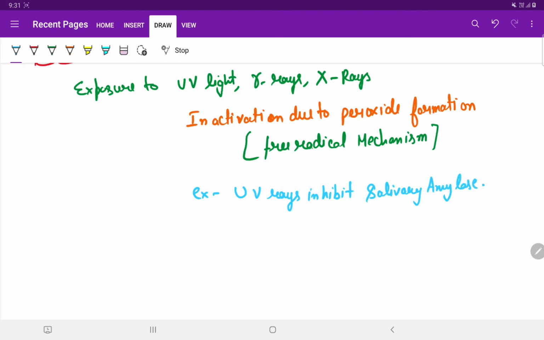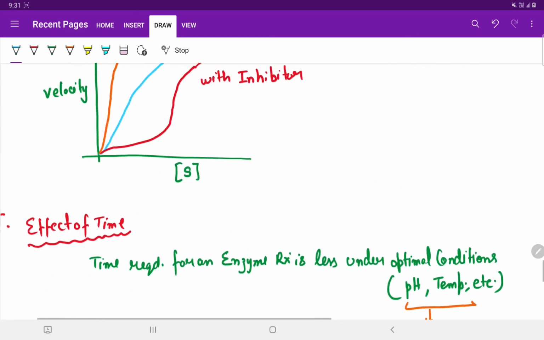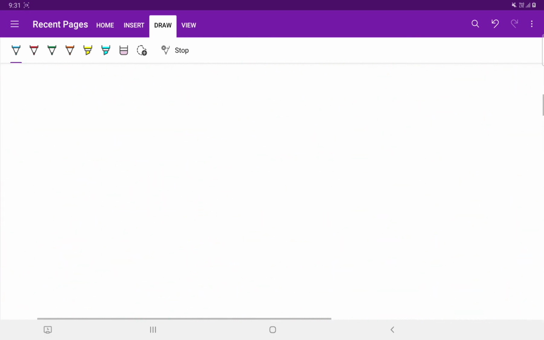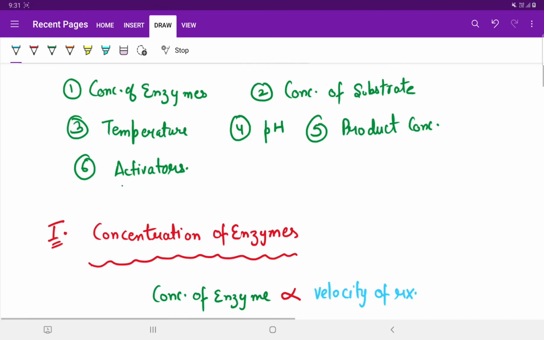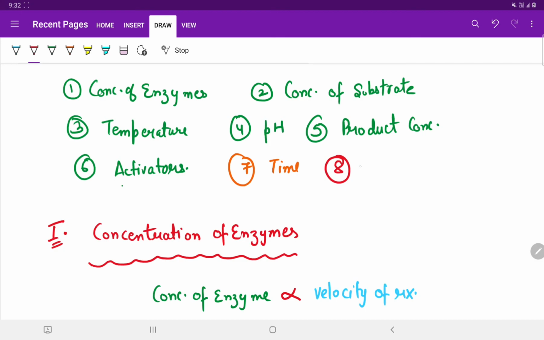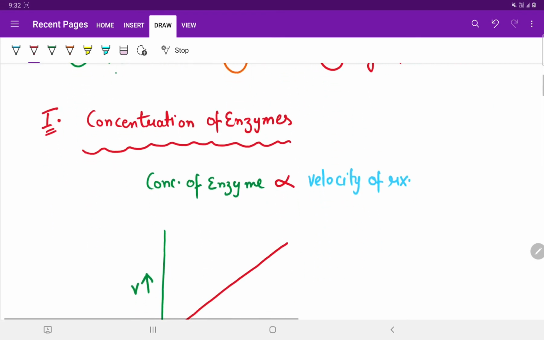So, students, this was regarding the effect of various conditions on enzyme activity. Let us revise it once again. Here we have the effect of concentration, and we may add two more, the effect of time and the effect of light and radiations. The first one is the concentration of enzymes.